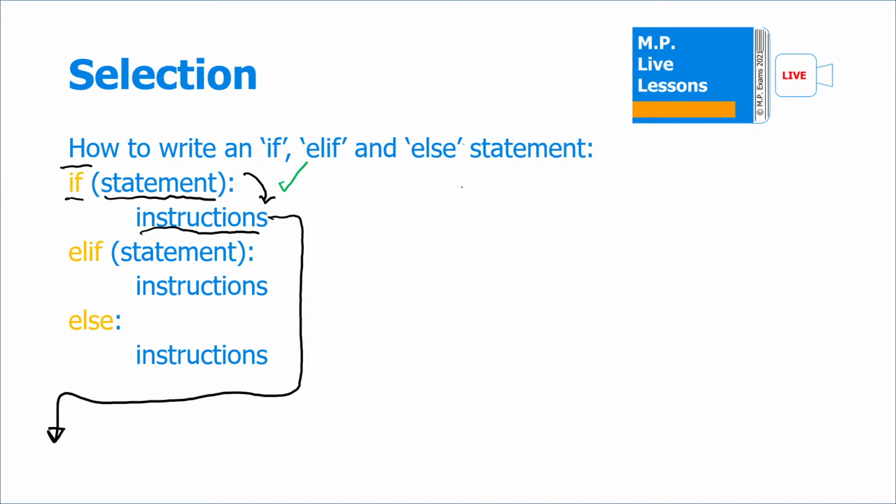So this is a bit like a flowchart style. If the statement is false, it goes here. Then it looks at this statement here.